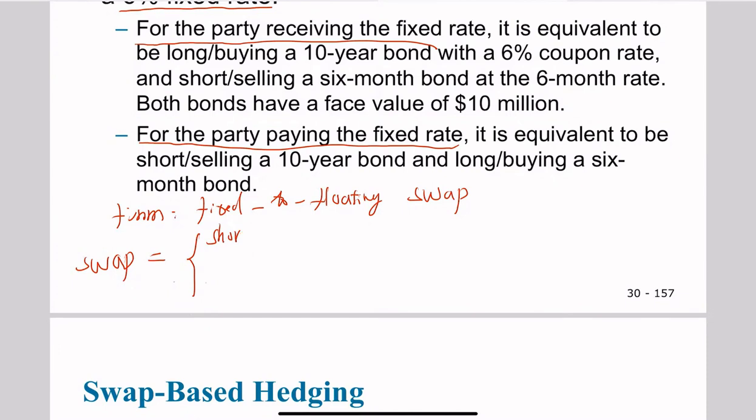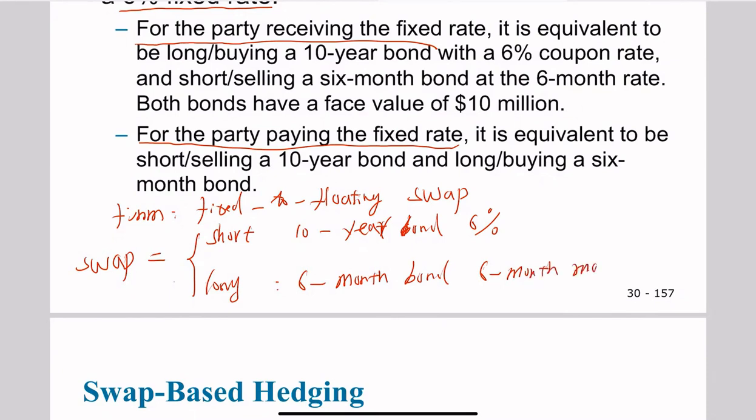So taking a short position in a 10-year bond with 6% interest rate and taking a long position in the 6-month bond with a 6-month market interest rate, right? Again, why are these two things the same? Well, because they have the same cash flow, and you can verify this pretty easily.